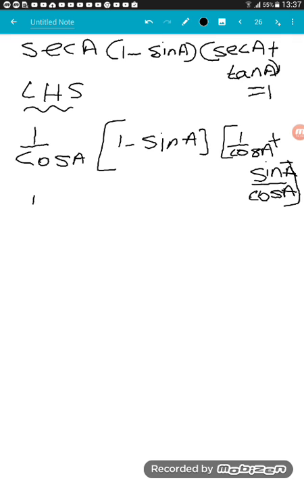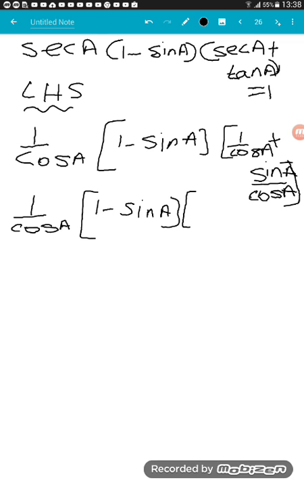So 1 by cos a, 1 minus sin a, and if you take LCM for this, no need to take LCM, just add it because the denominator is same, that is cos a and cos a.